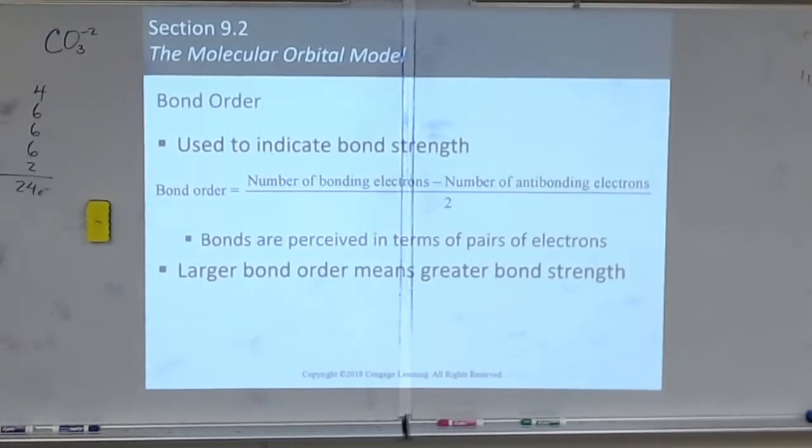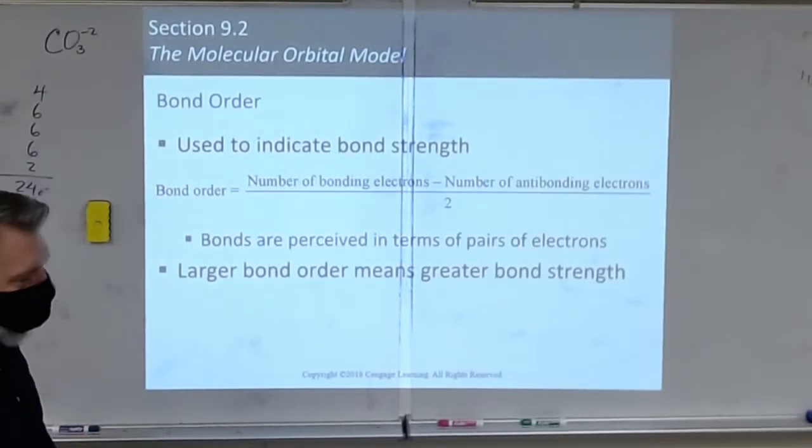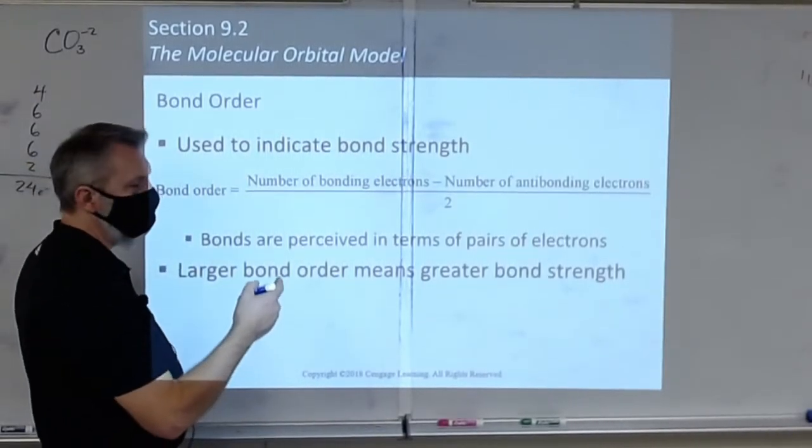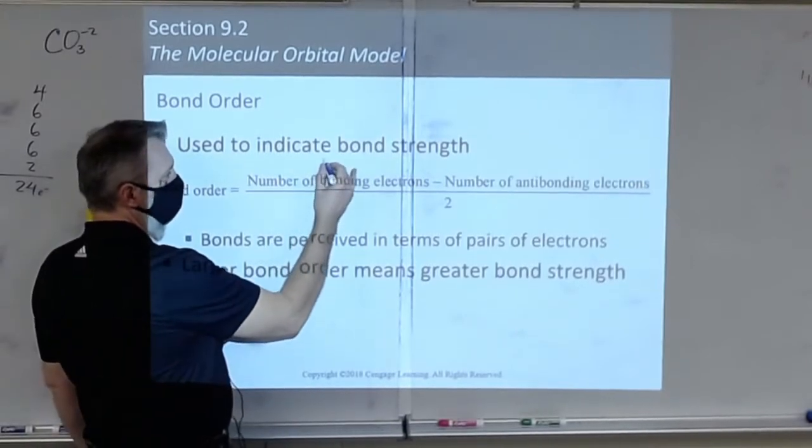All right. Bond order tells me how many bonds I'm going to end up with. So I take the number of bonding electrons, subtract the number of antibonding electrons, and divide by 2. So in the case of hydrogen, how many bonding? 2.